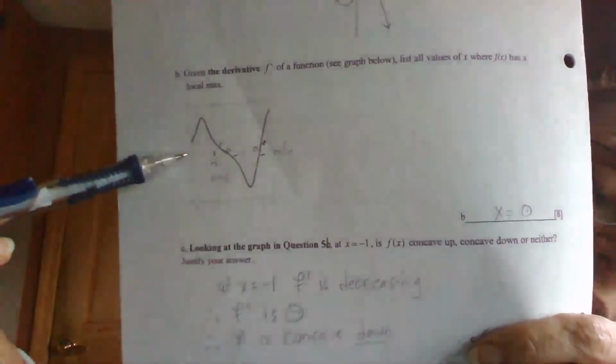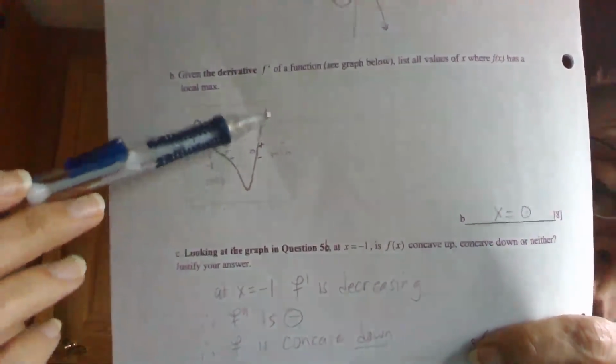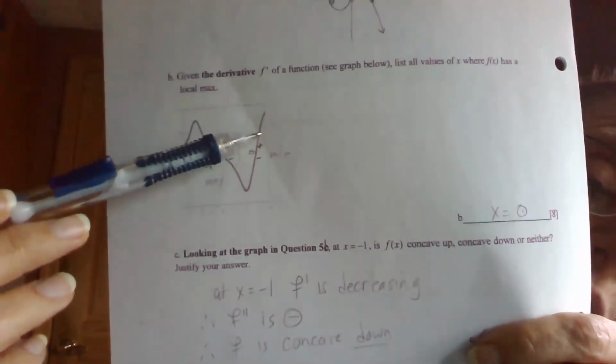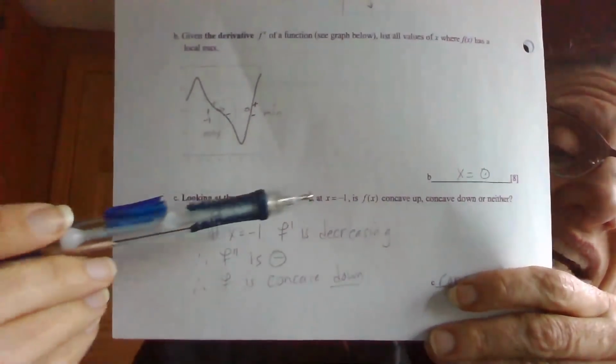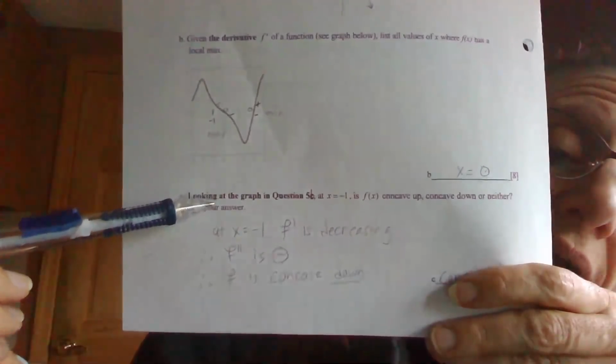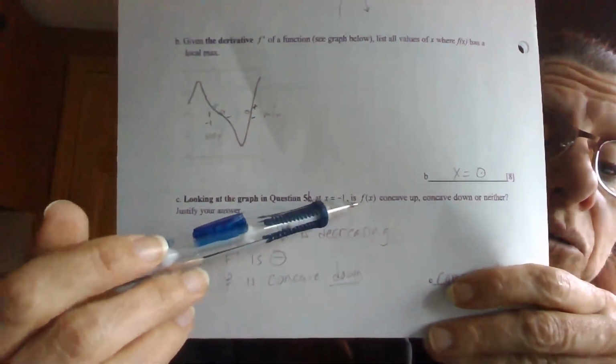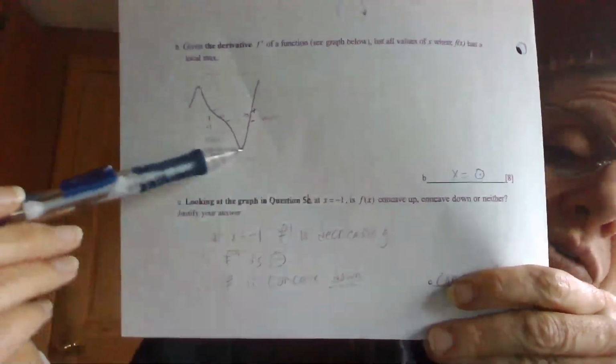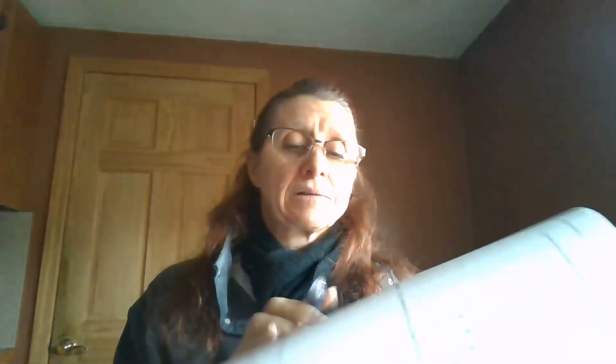Anything above the x-axis has a positive slope, or is increasing on the graph of f. We're talking about the tangent lines. Now, as far as C, looking at this graph, if x is equal to negative 1, which is here.